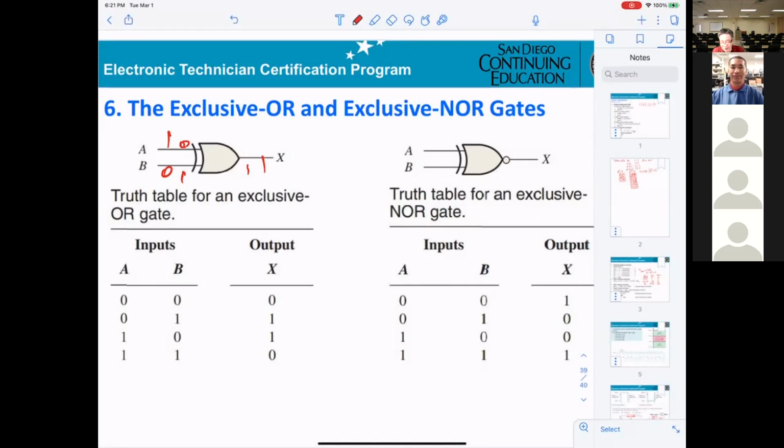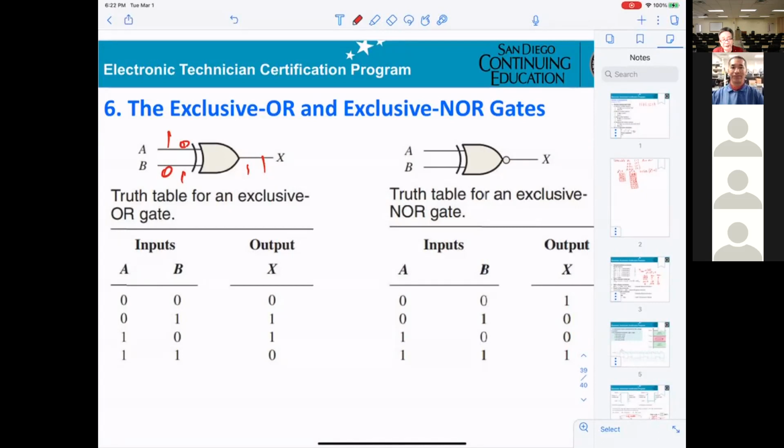If you want to know the output, you can look into the truth table. However, try to understand, so later on you don't need the truth table. Exclusive or, you get a logic 1 output if the inputs are at different logic.